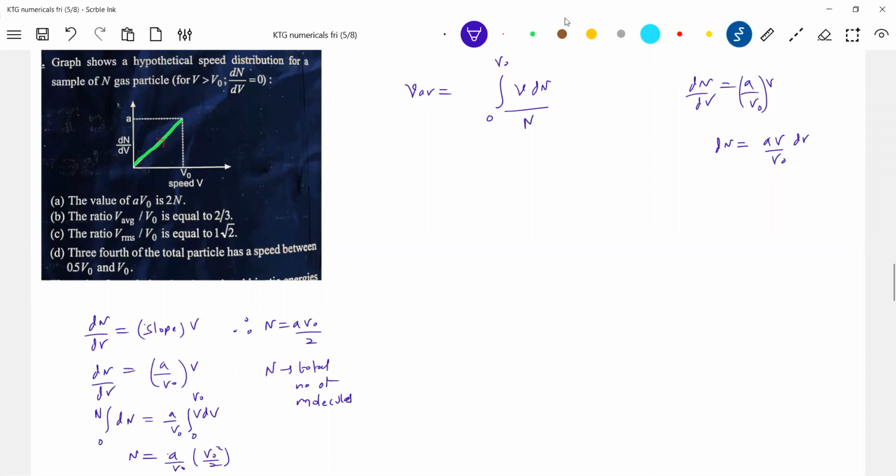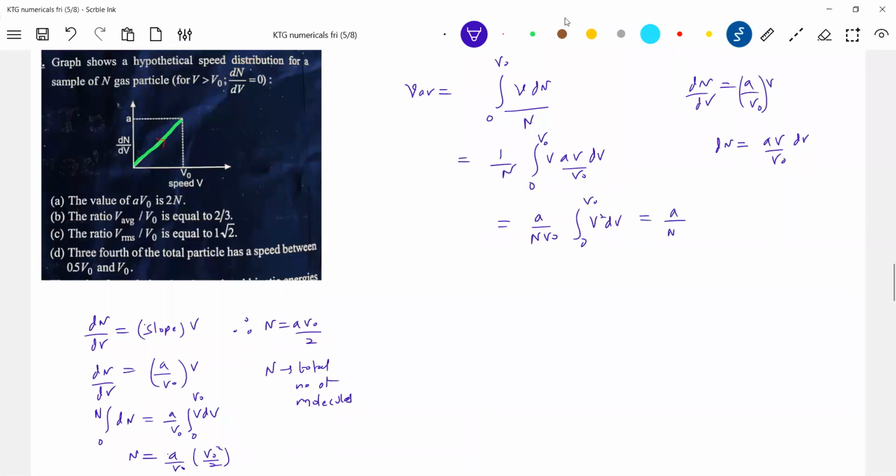Let me substitute that here. 1 by N, integral from 0 to v naught, this will be (A v by v naught) dv, and this v also here, you know. A by N v naught outside, v square dv from 0 to v naught.